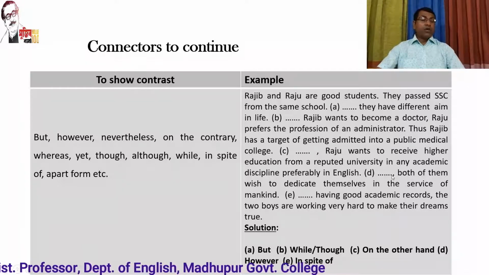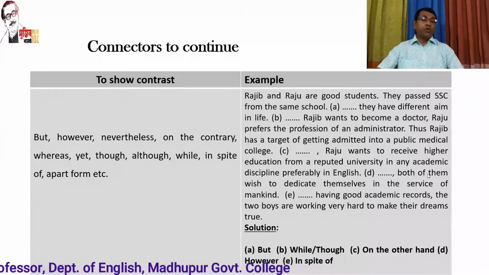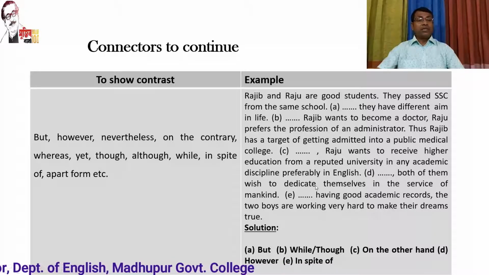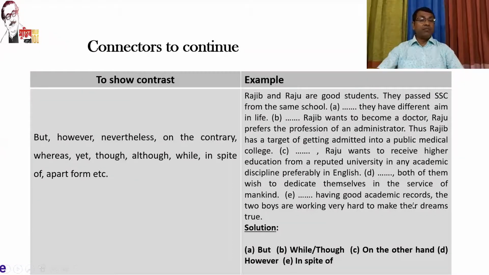Again, in number D, we have another gap. Both of them wish to dedicate themselves in the service of mankind. Though there is a difference in their wishes or desires, both of them wish to dedicate themselves in the service of mankind. So here in this sentence, we notice a kind of transition from the previous description.